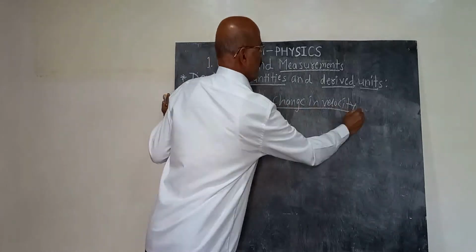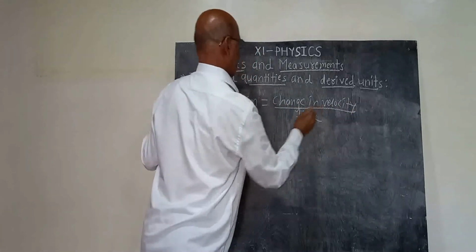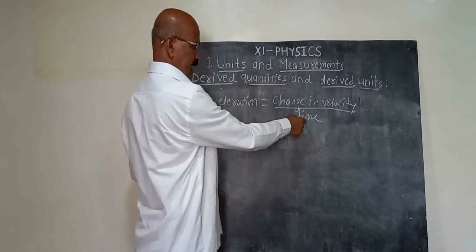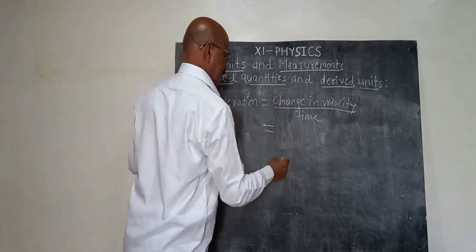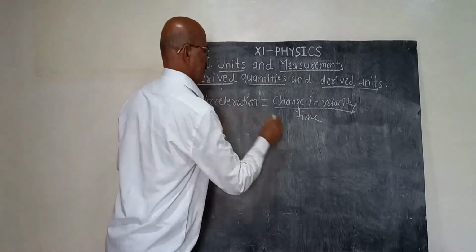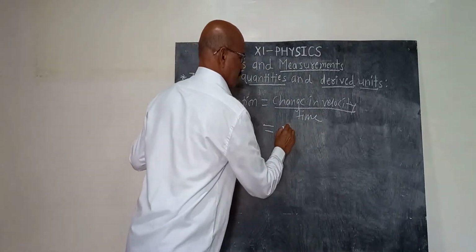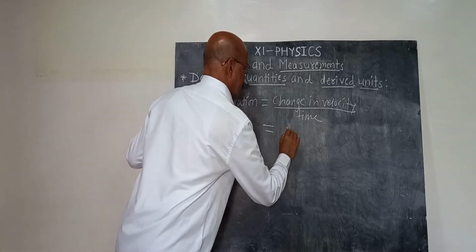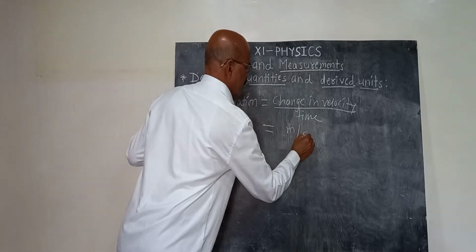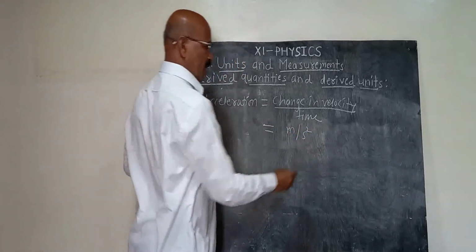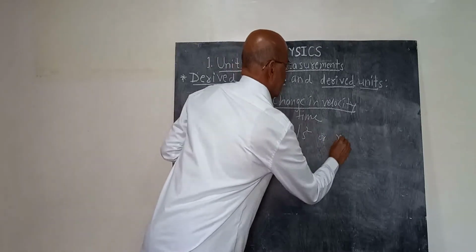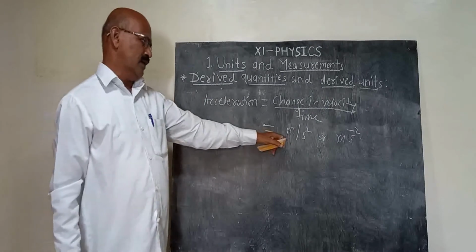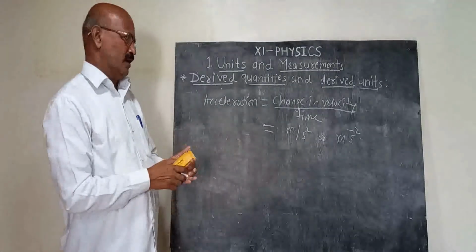By knowing the velocity unit, meter per second, and the time unit, second, we get the SI unit of acceleration as meter per second square, symbolically represented as m per s square or m s raised to minus 2. So this is the SI unit of acceleration.